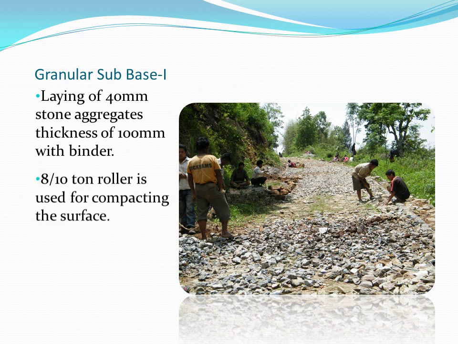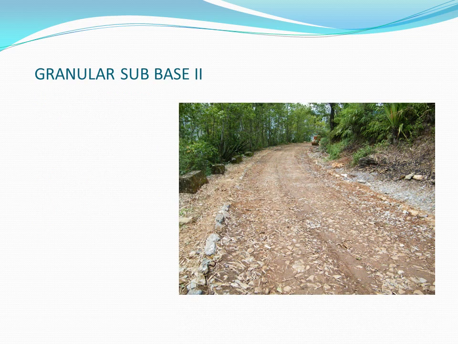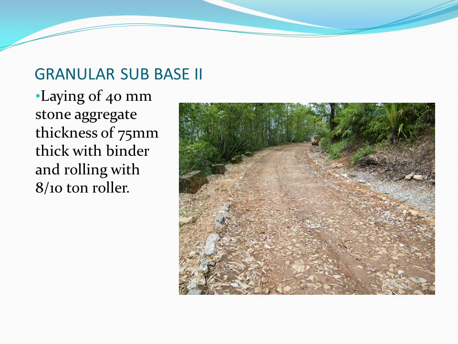Sub-base 1 uses aggregates of 40 mm size and is 100 mm thick, and sub-base 2 uses 40 mm stone aggregate with a thickness of 75 mm, and this has to be rolled with an 8 to 10 ton roller.